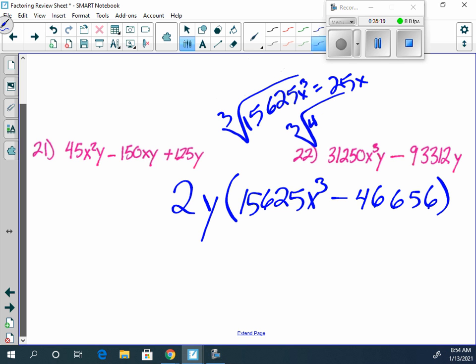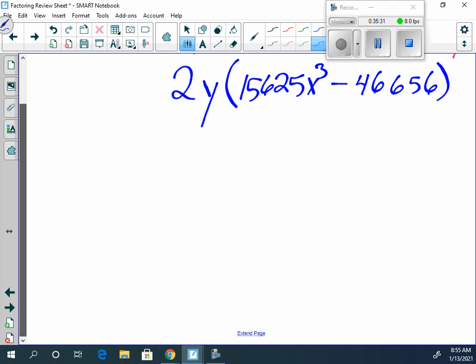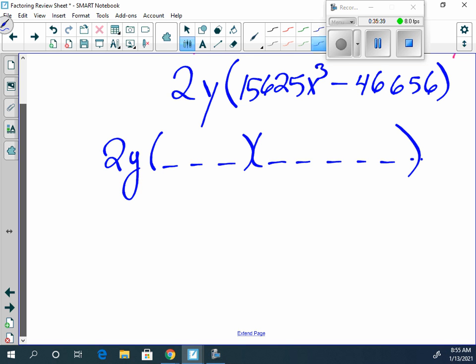And the cube root of 46,656 is our 36. So these are perfect cubes. We just had to factor out that term first, because once we got that factored out, then we can move on. 3 spaces, 5 spaces.